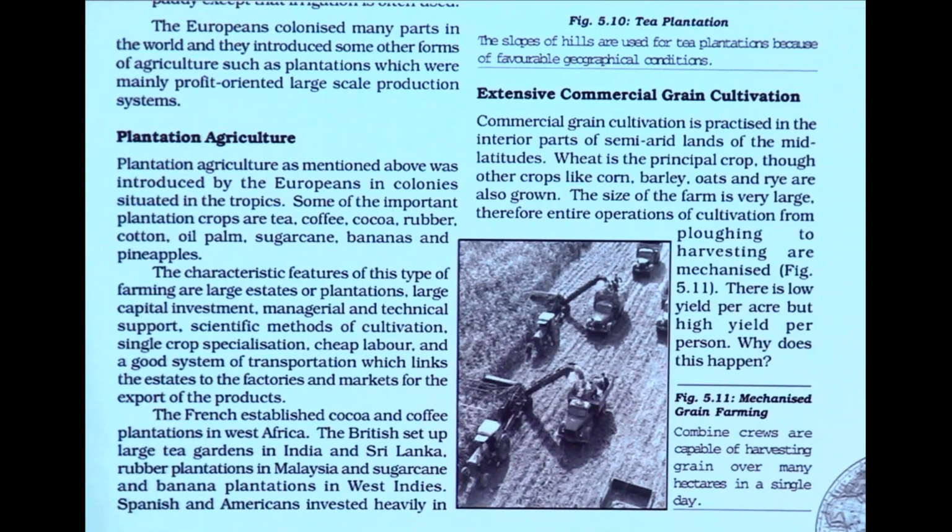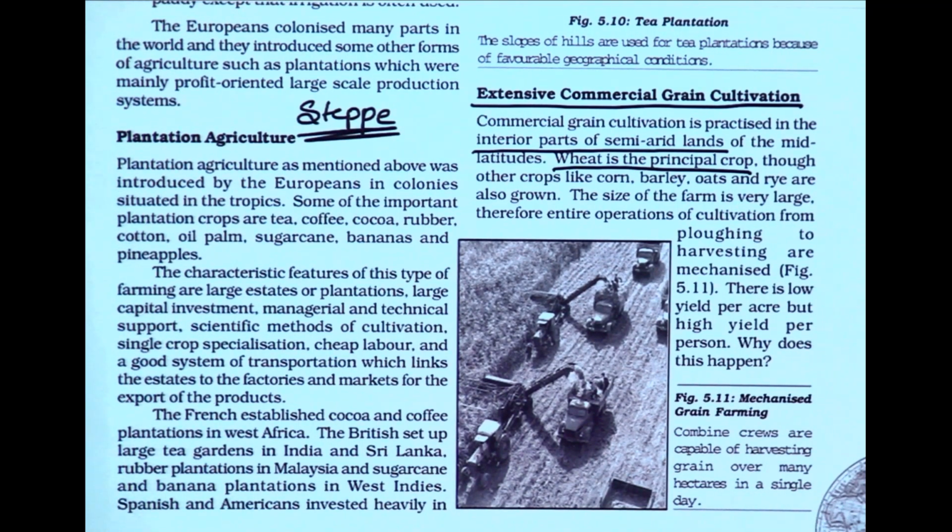If I continue with the crop culture as agriculture, I can have extensive commercial grain farming as my next type of agriculture. And if I talk about extensive commercial grain farming, it is essentially carried in interior part of semi-arid land. Mind it, we are talking about steppe type of climate.